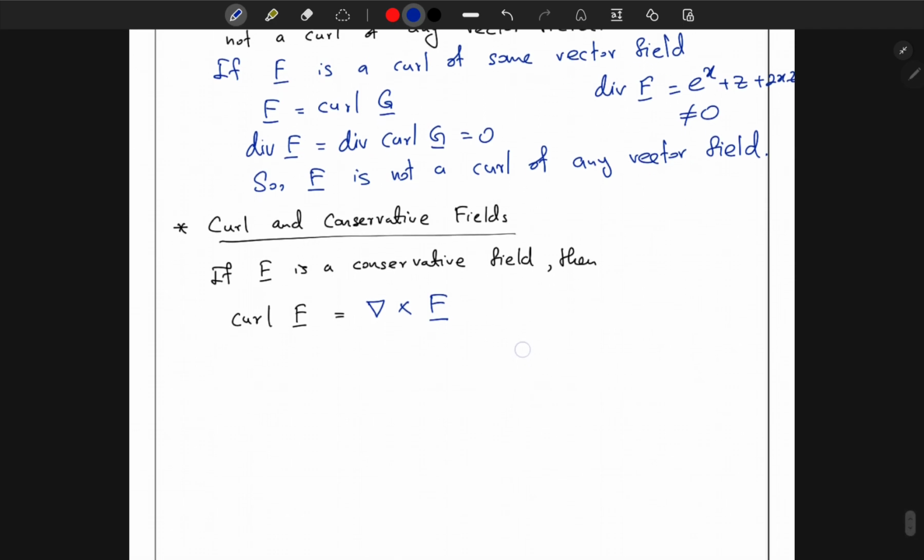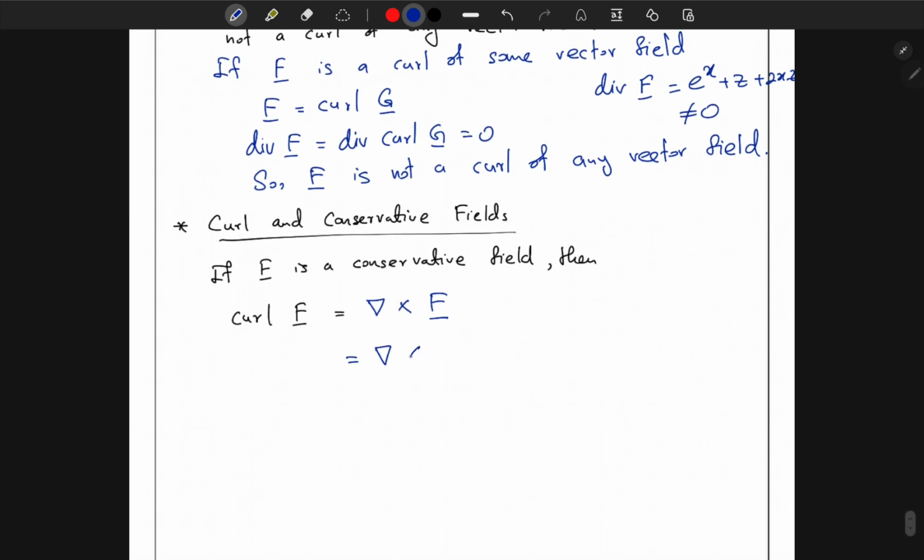Remember, if it is a conservative field, then we can write it as nabla f, where this little f is the potential function of big F. Now, you can think of this as taking the cross product of the same vector, nabla and nabla. So the cross product of the same vector is 0.